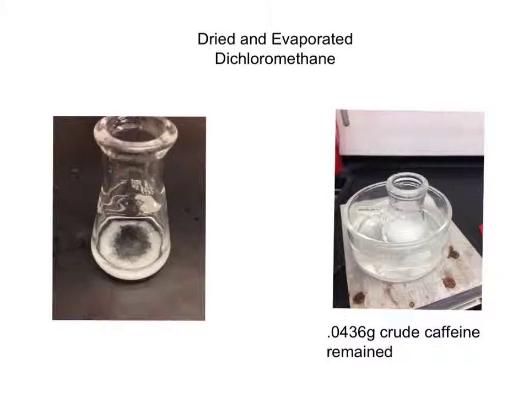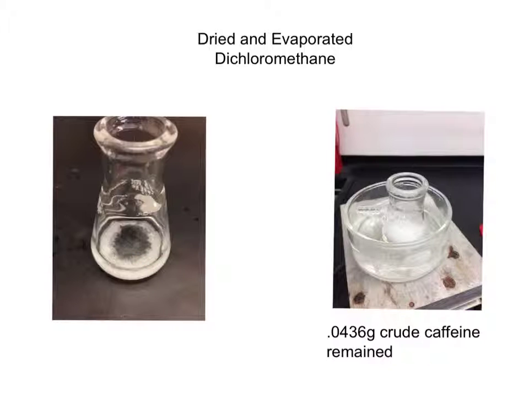The next step was to dry and evaporate the dichloromethane in order to obtain our crude caffeine. Sodium sulfate was added to our dichloromethane solution, and it didn't take much to dry it.